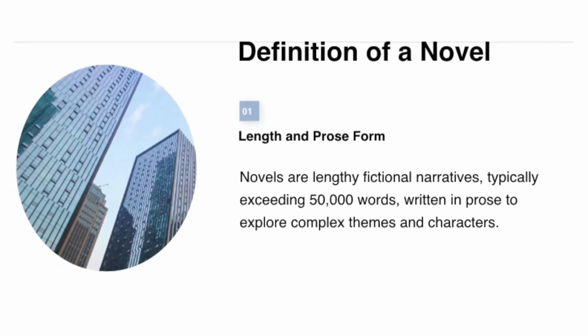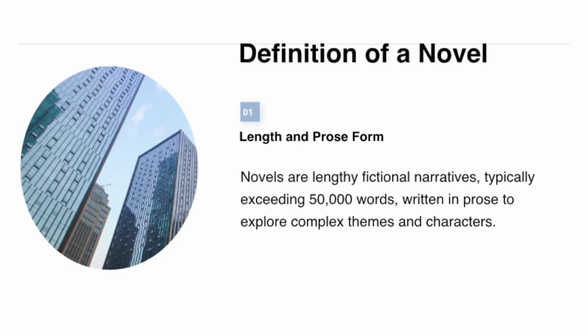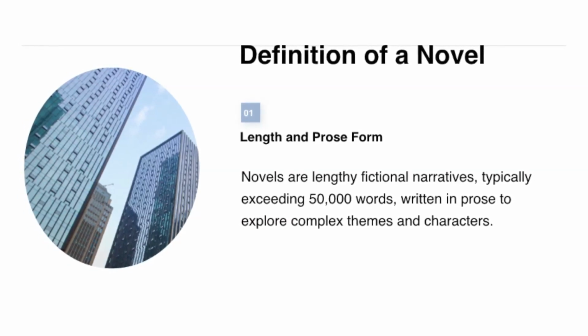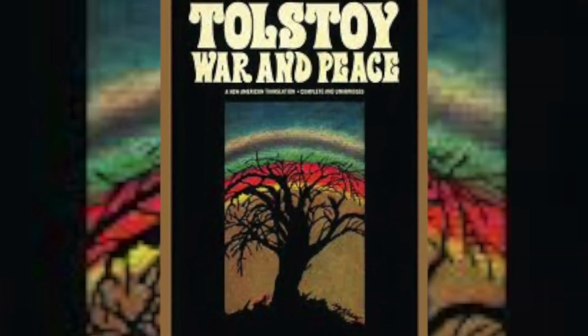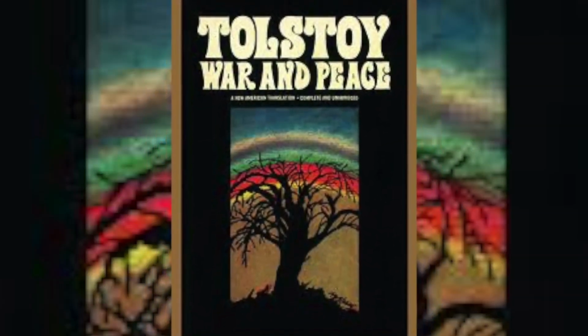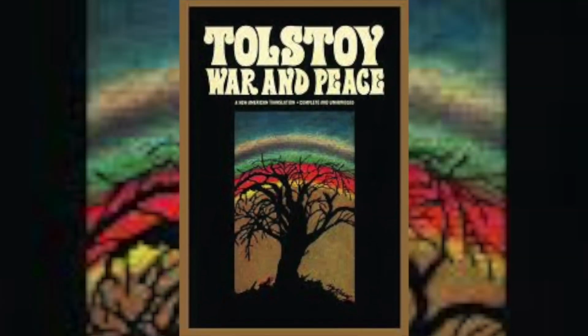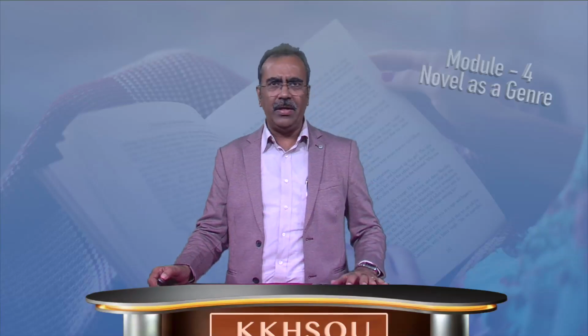Normally, novels are written in prose, though we do have novels written in verse. As a rough estimate, some novels are very long, say War and Peace by Leo Tolstoy, but usually a novel goes beyond 50,000 words, and it deals with complex themes and characters.